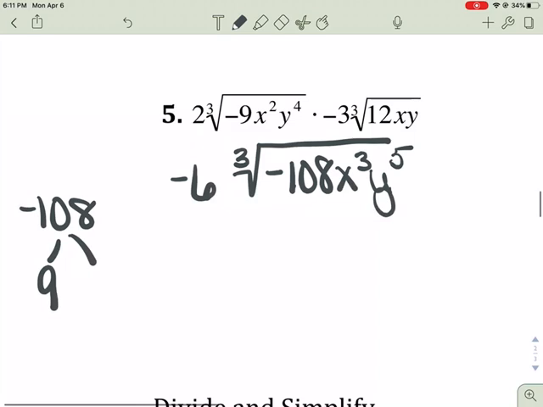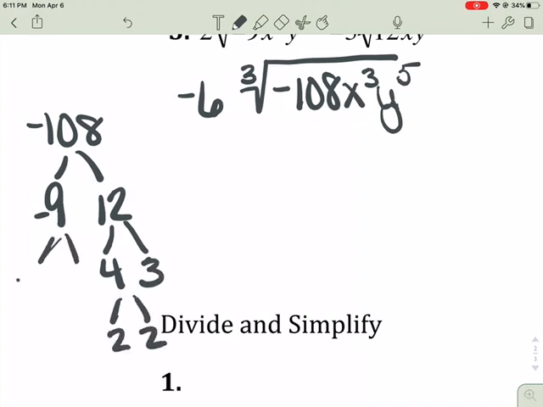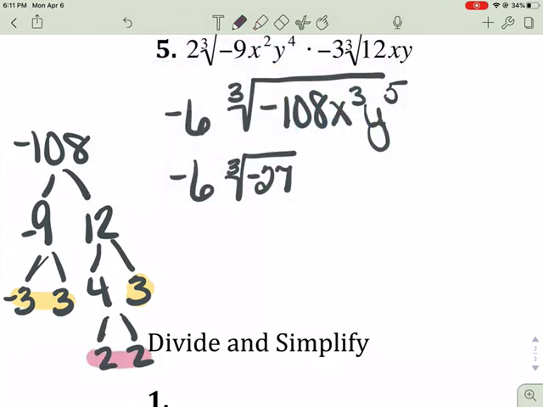I'm going to use the 9 and the 12. Okay, and again, we're looking for a cube root. So this is 4 and 3. This is 2 and 2. This is negative 3 and 3. So my group of 3 is 3. So we have the negative 6 cube root of negative 27. And then remember that the ones that have no group of 3, that's these two, are going to get multiplied together.